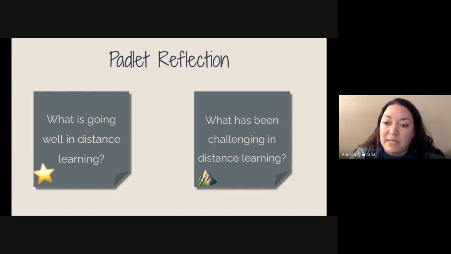So if you want to also take a minute and share some of the things that have been challenging, what's not gone as planned, what do you hope to get some more resources or support in so that you can overcome those challenges as we move into red and green learning happening at the school sites. So if you don't mind just taking a quick minute and adding to the Padlet both of those ideas, and we will also be adding to those as we continue through this presentation.